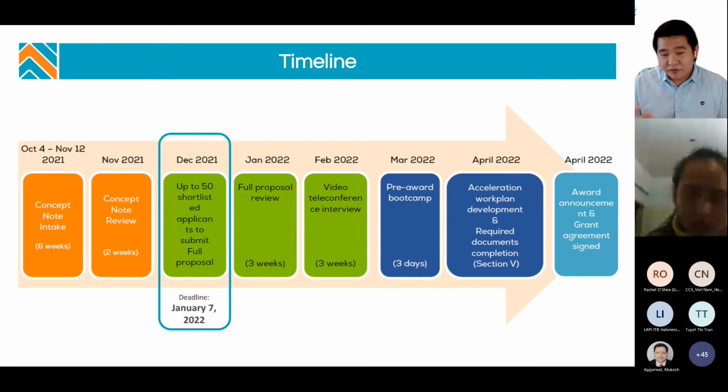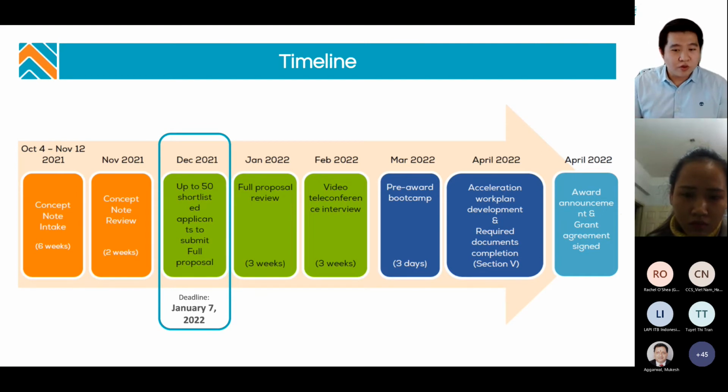Then in March, we will have the pre-award bootcamp. In March, the ones that will be awarded will be notified, and you will participate in the pre-award bootcamp. During this bootcamp, we will walk you through all of the required documents, what you need to fill in.